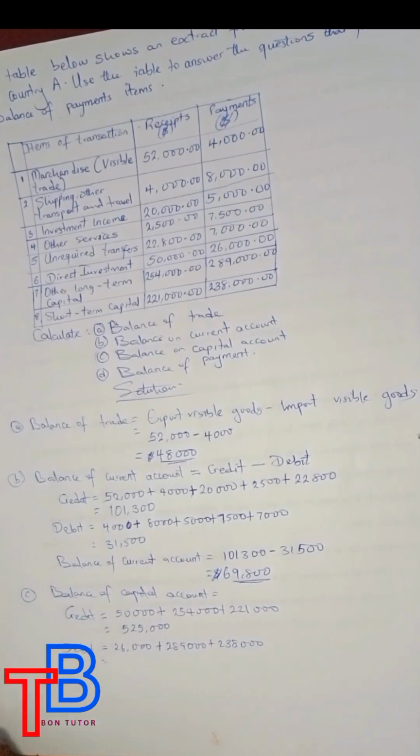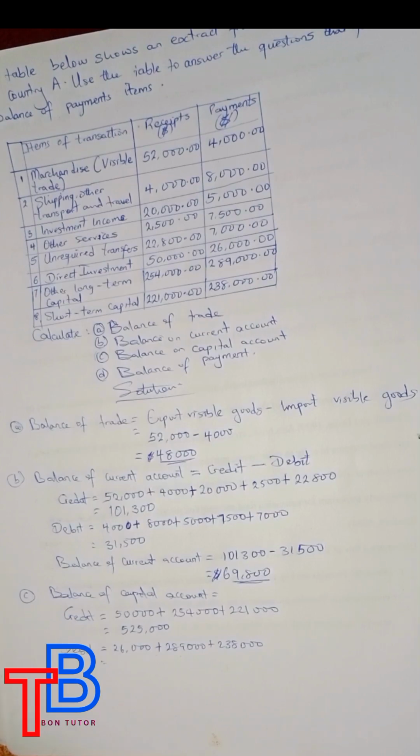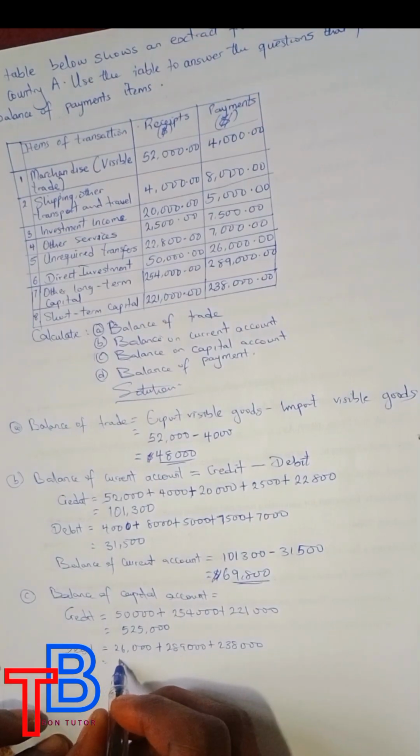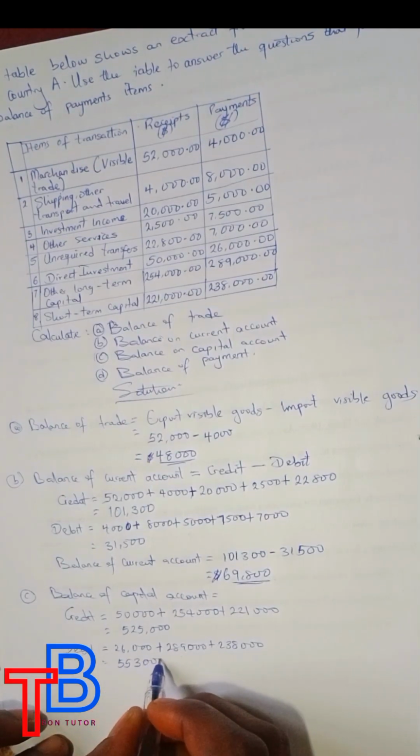And the debit now will be the other side, which is 26,000 plus 289,000 plus 238,000, and that is 553,000.